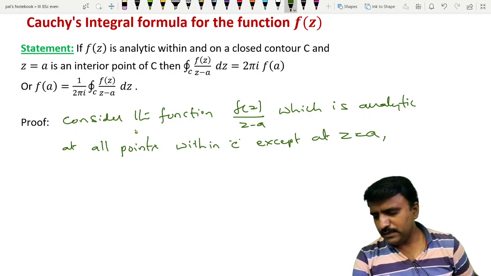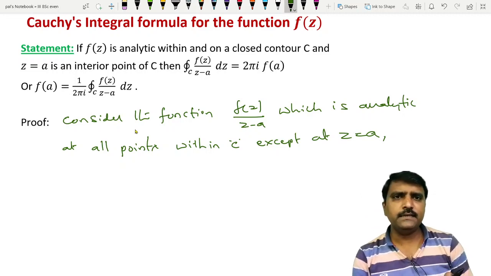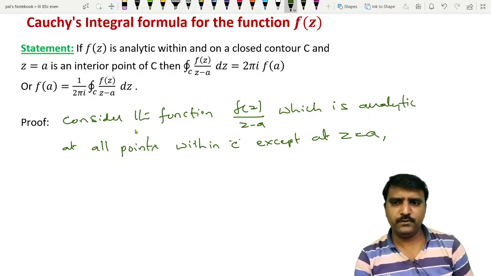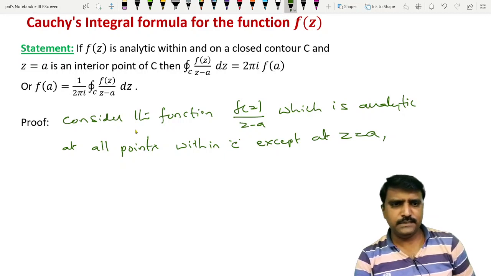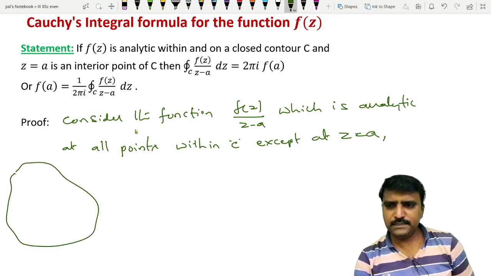Now, I try to draw this curve C. Just imagine this is the closed contour C, and z is equal to a is any point here.